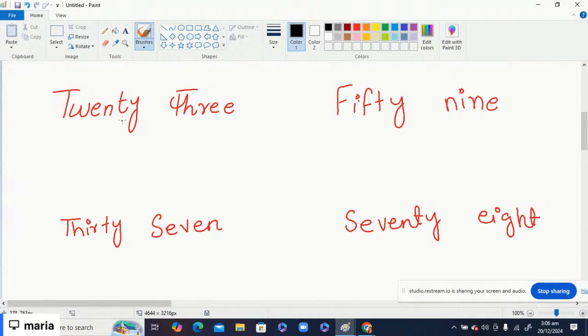So the first one is 23. This is the 2 and 3, that becomes 23. Now for the 59, how can we write it? This is 59. Okay, now you guys tell me the answer of these two next. Hurry up.